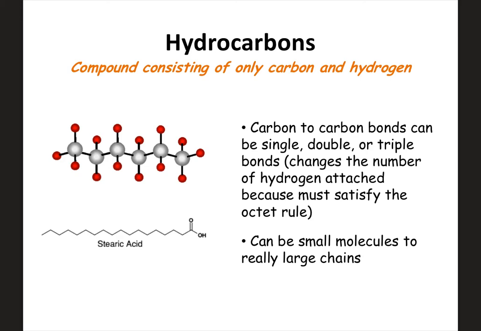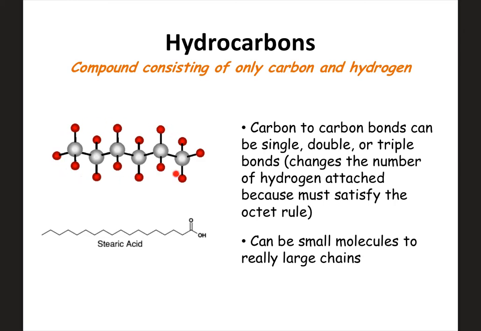But it would change the number of hydrogens attached here. Remember, you have to still satisfy the octet rule. Each carbon needs 4 bonds. These hydrocarbons can be really small molecules, something like methane, CH4, all the way up to really large chains of molecules here.